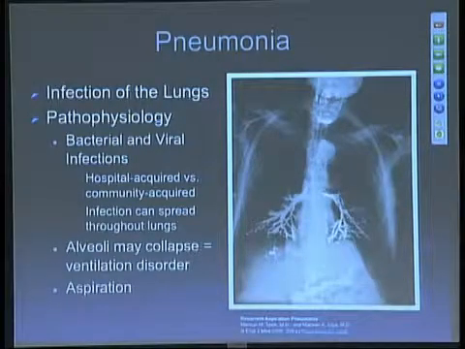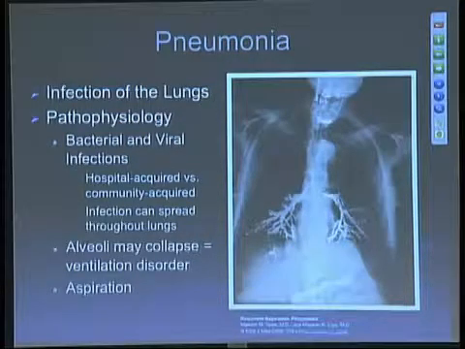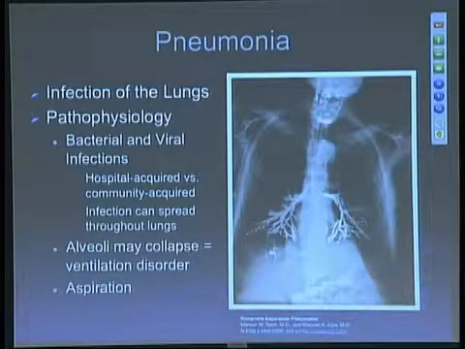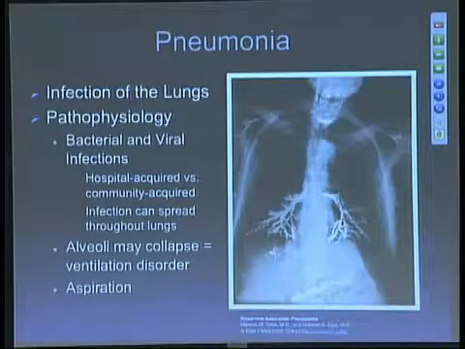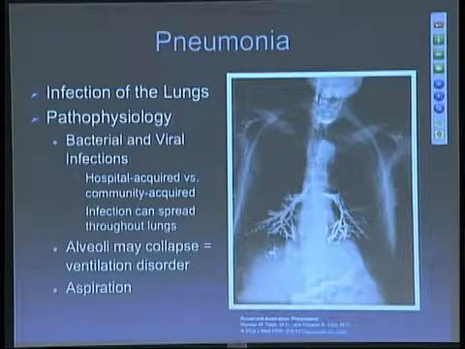Alveoli collapse, and when the alveoli collapse, you get a ventilation perfusion disorder, so it affects your respiratory status, your ventilatory status, much more than you would think just having an area of the lung collapsed. People get along with missing half a lung. We used to operate on lungs all the time for tuberculosis, and they would get along fine.